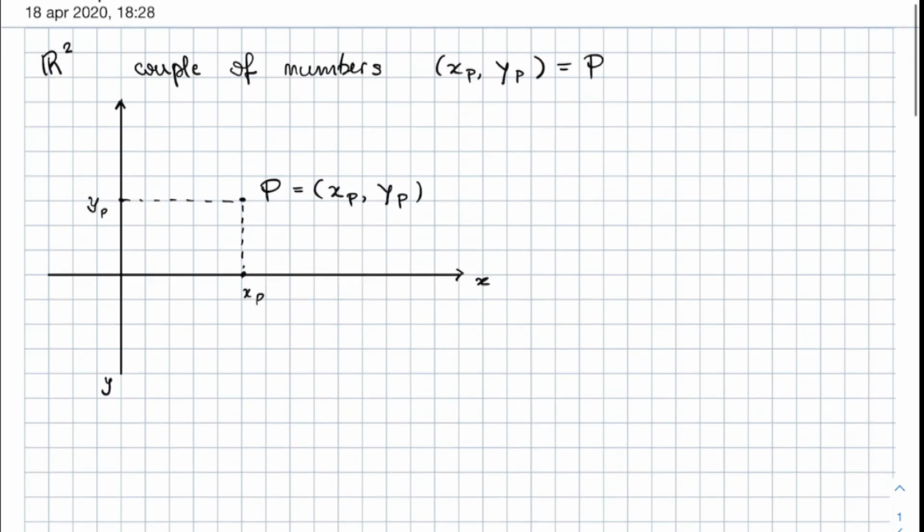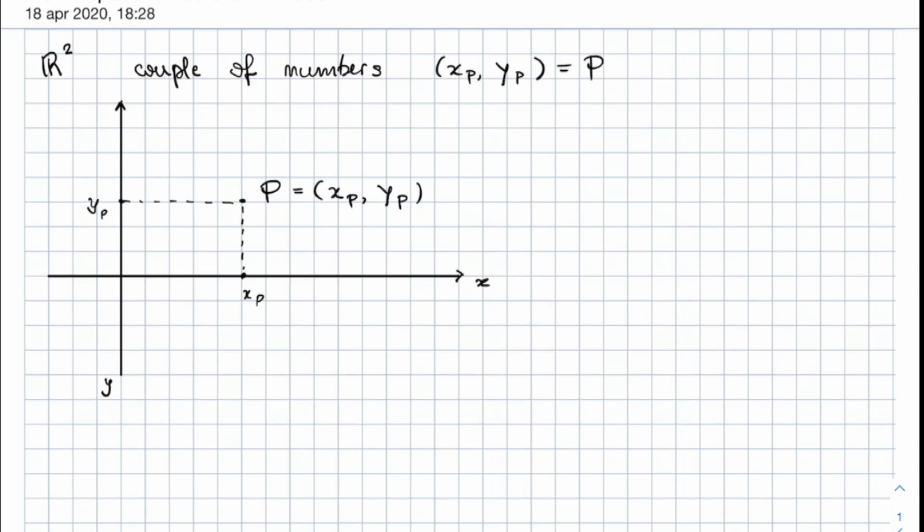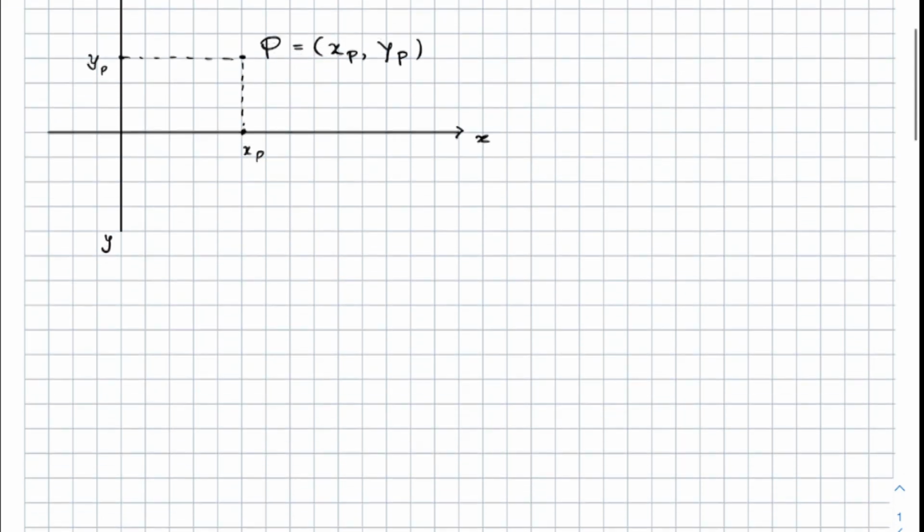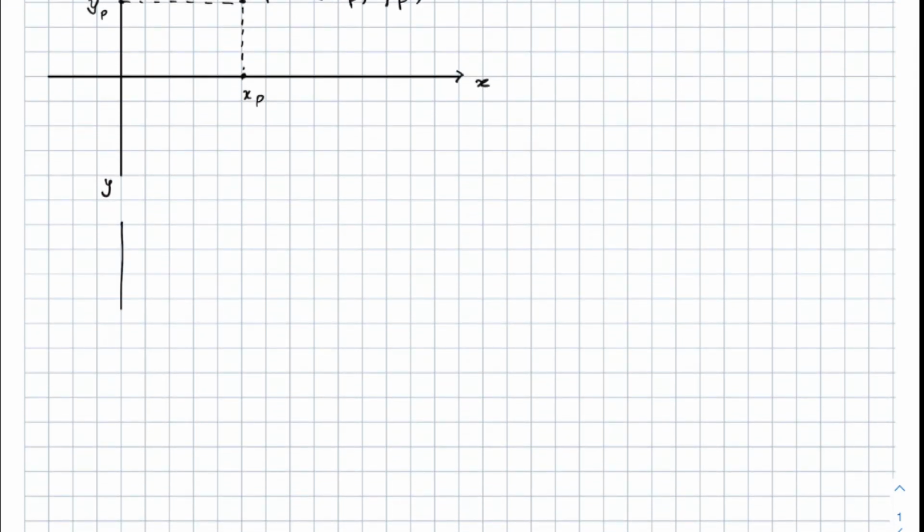So we will consider the plane and we want to explain what it means to measure the distance between 2 points in the plane. So let me draw once again the y-axis and the x-axis, and let us consider 2 points.